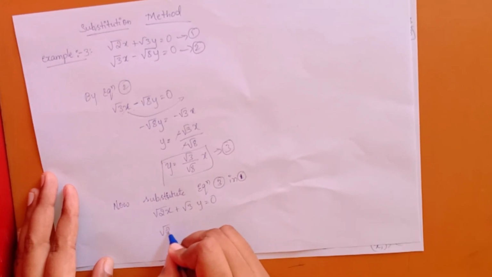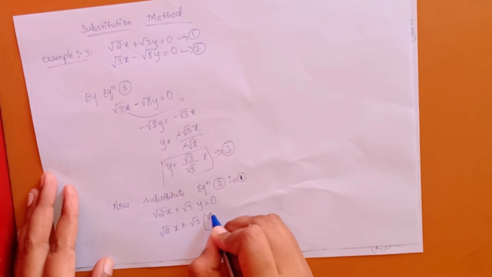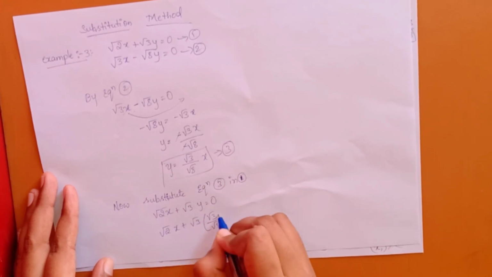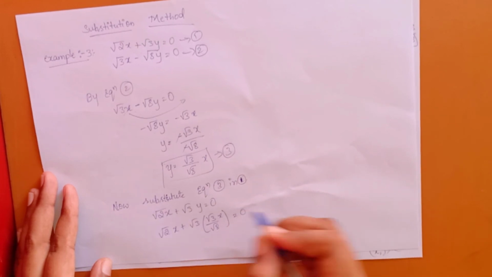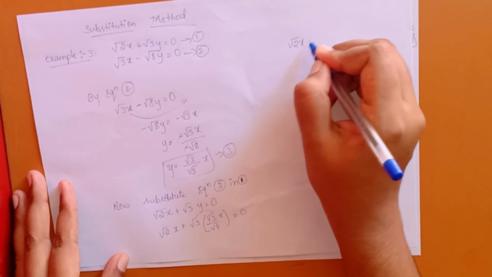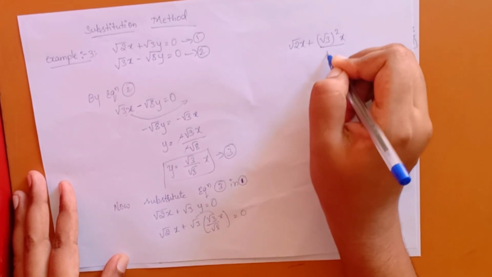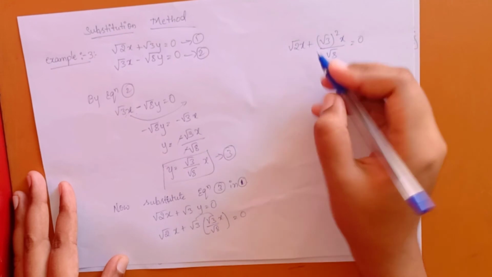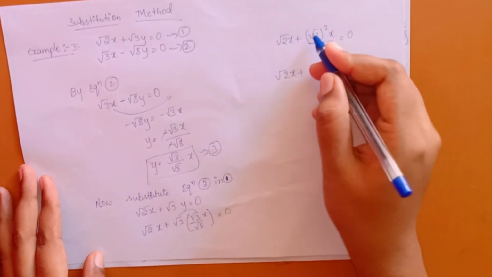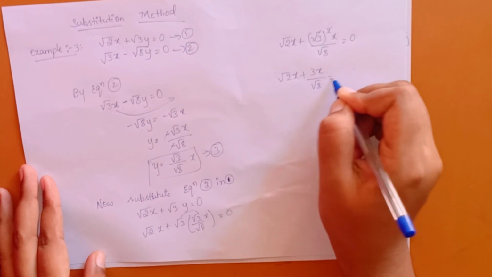Therefore root 2x plus root 3 times (root 3 by root 8)x is equal to 0. So now root 3 into root 3 will multiply. So root 2x plus root 3 into root 3 will get root 3 whole square, x by root 8 is equal to 0. Root 2x plus, square and root cancel, we will get 3x by root 8 is equal to 0.